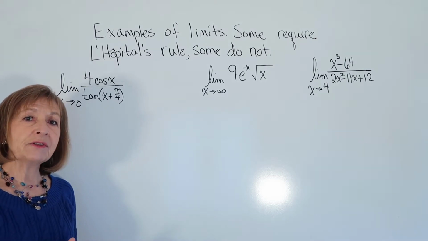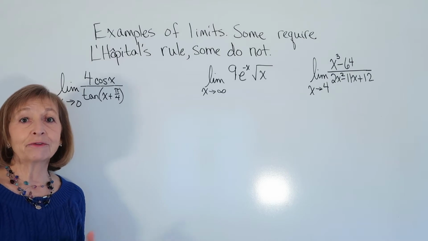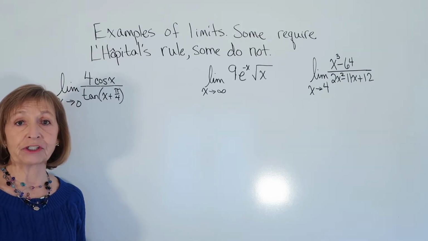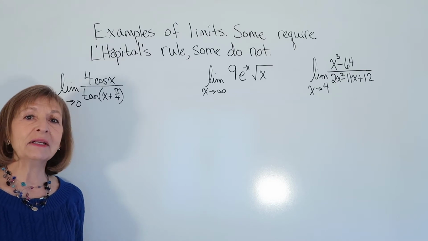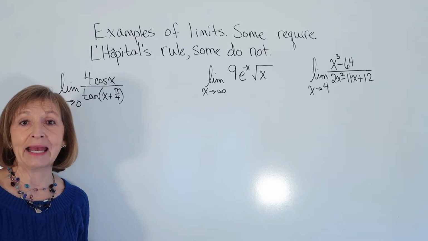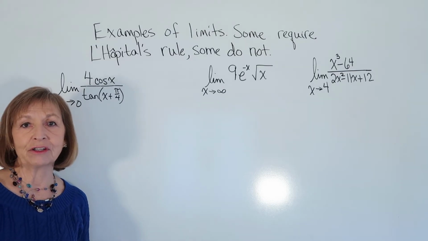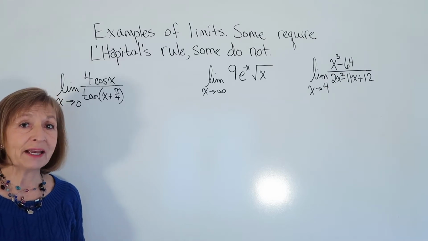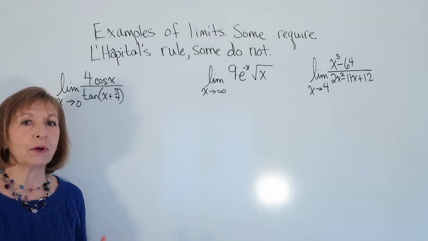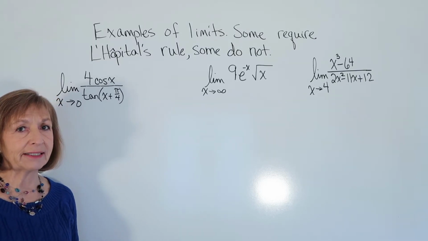The reason we want to do that is to see what sort of situation we have. Because if we have a continuous function at the value that x is approaching, then our limiting value will be the same as the function value there, by the definition of a continuous function at a point. But if we don't have that, we need to figure out what case we have and if the limit there exists.